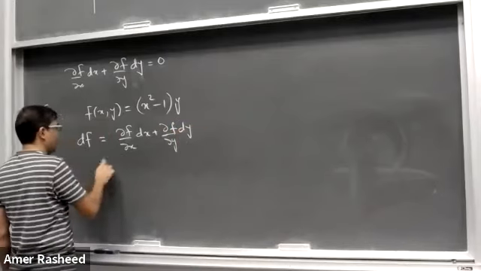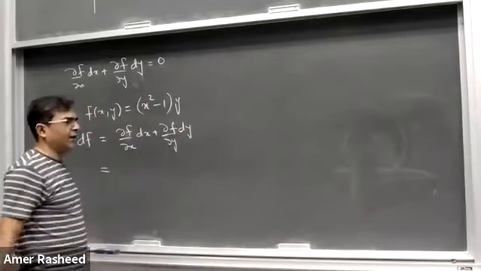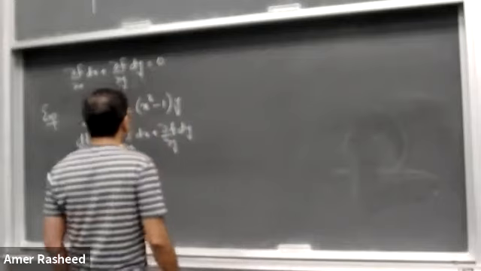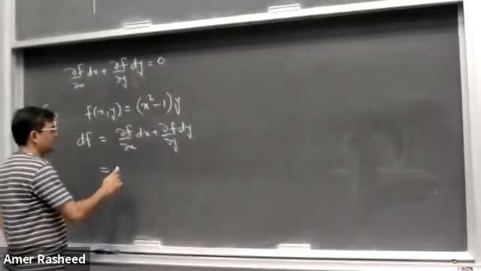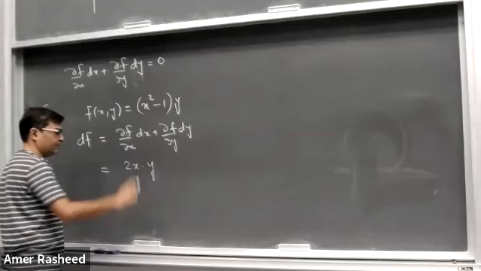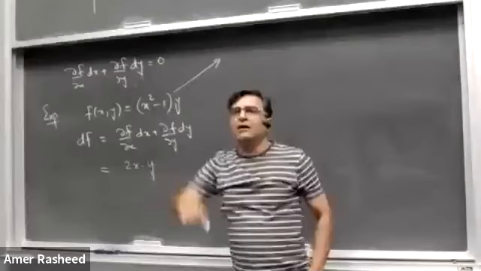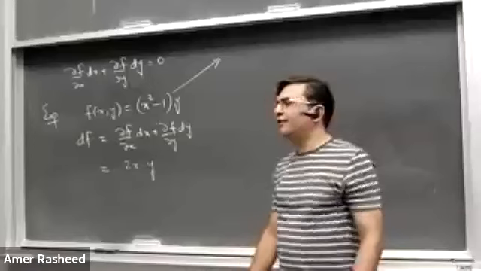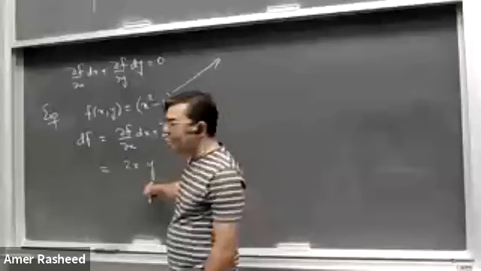Now, the partial derivative of this function with respect to x, what would it be? 2x times y. Remember that while taking the partial derivative with respect to x, we assume that y is constant, so we can write y here.